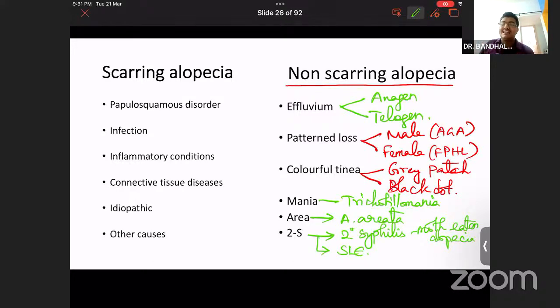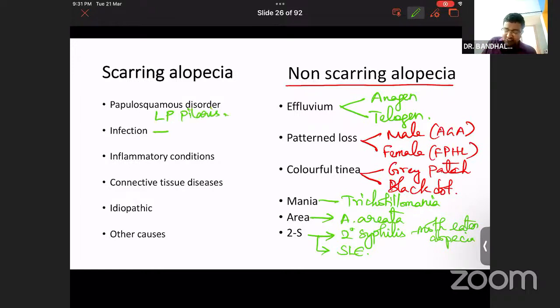Among SLE, discoid lupus will lead to scarring; that we will see later. So in non-scarring, you can remember: all effluvia are non-scarring, both pattern hair losses are non-scarring, colorful tinea, mania, areata, and 2S. These are non-scarring alopecias.